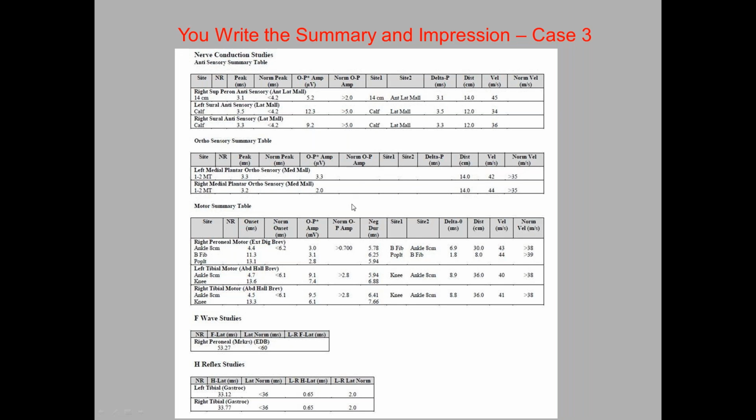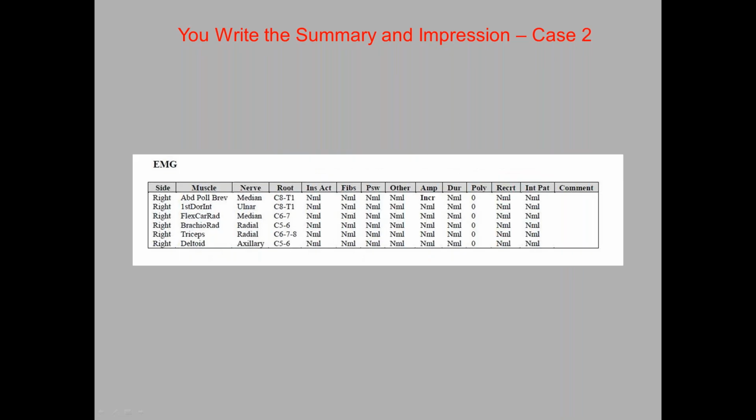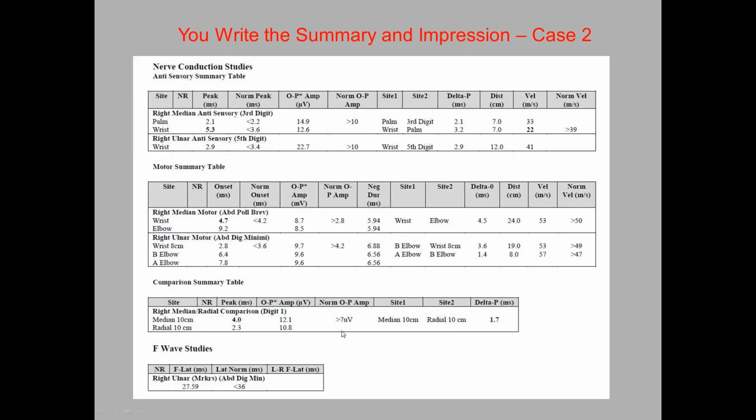If you notice when I did a radial sensory response to digit 1, I record out on the digit whenever I'm doing carpal tunnel screens, and I don't have a good norm. 10 microvolts is a good norm when you measure down on the metacarpal, but I'm measuring out on the digit, and frankly, there's too much variability to establish a reasonable norm.